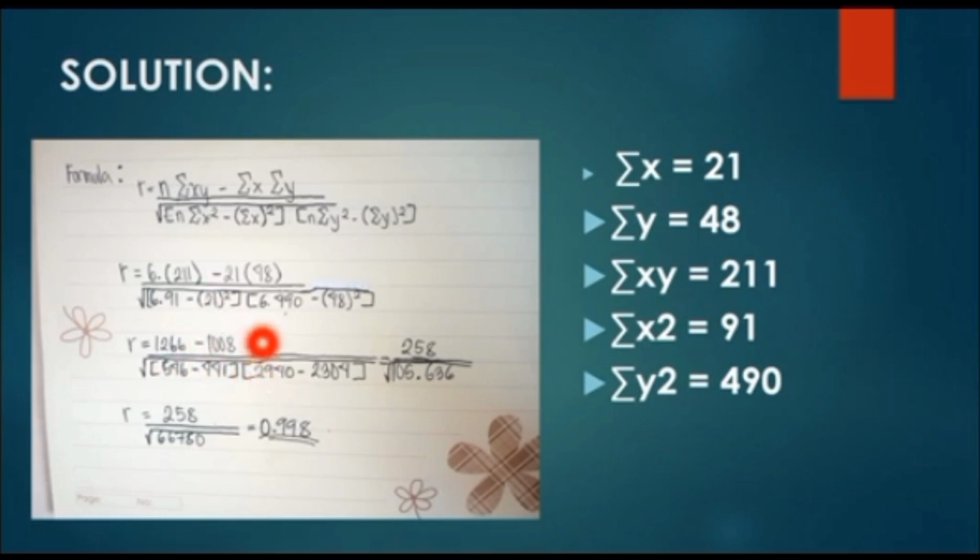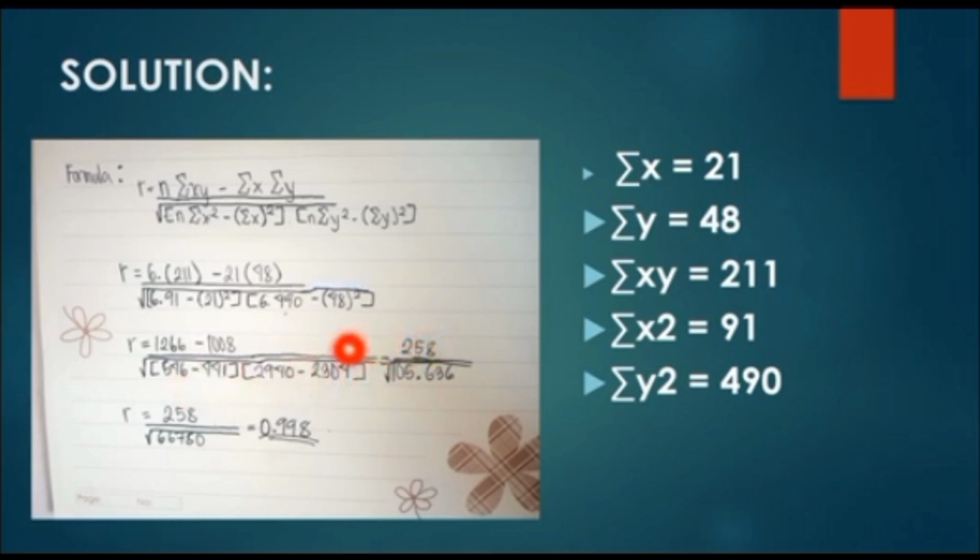And 6 times 490 equals 2940 minus 48 squared, which equals 2304. So let's subtract: 1266 minus 1008 equals 258.